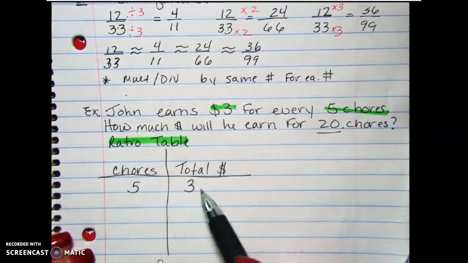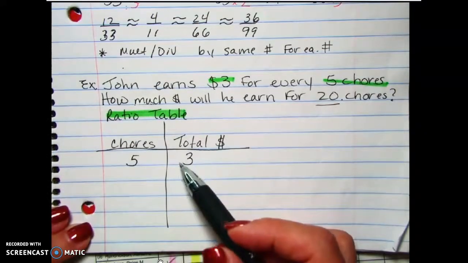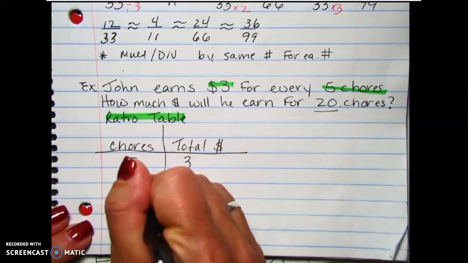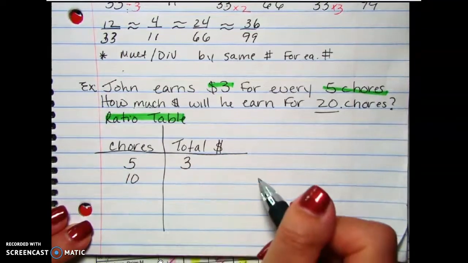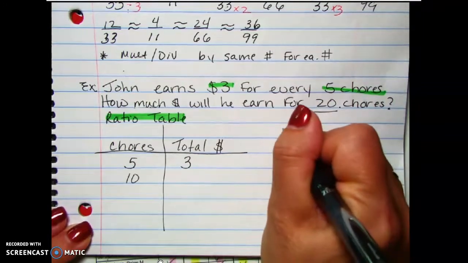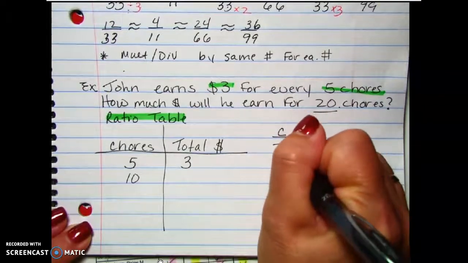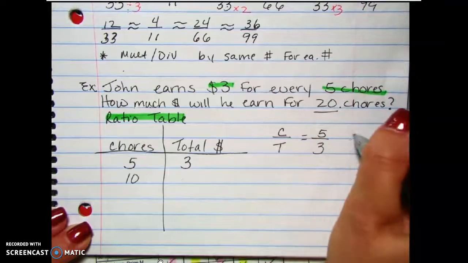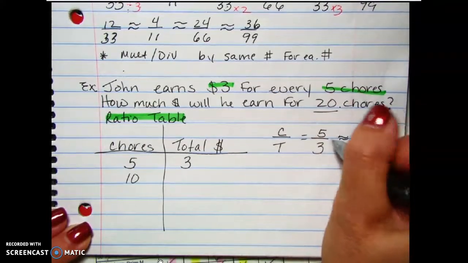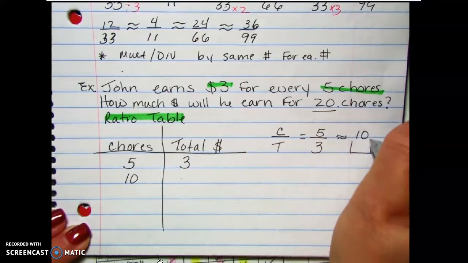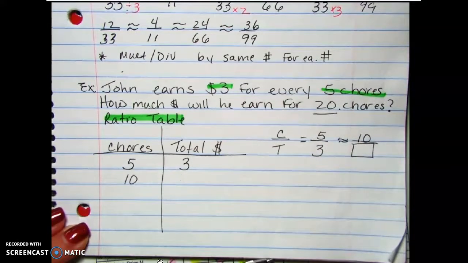Well, if I can't see a correlation right away, I can start to do a chart. So I can say, well, for every 10 chores, how much will he make? Well, remember, fractions are our friends when it comes to equivalent ratios. So I'm going to write my chores to the total money, which is 5 to 3. Now, I just said I want to make an equivalent ratio. So it's going to be 10. And what would I write here?